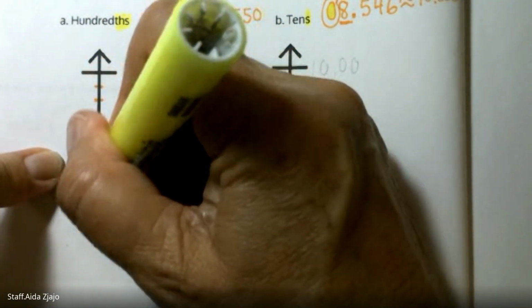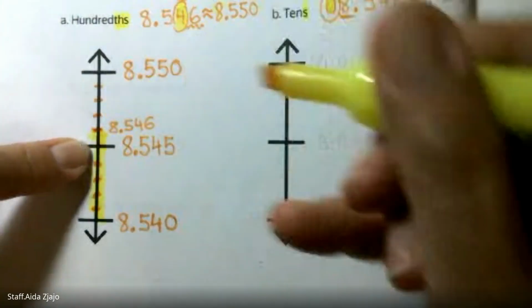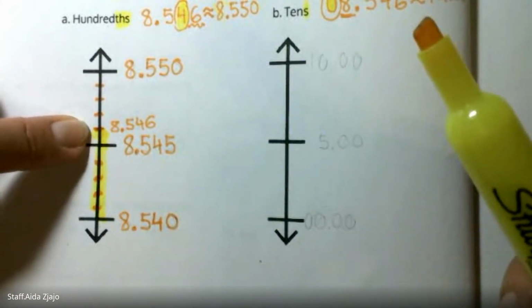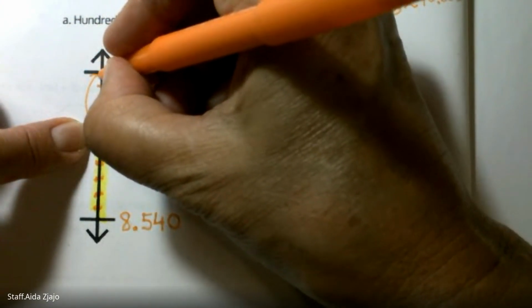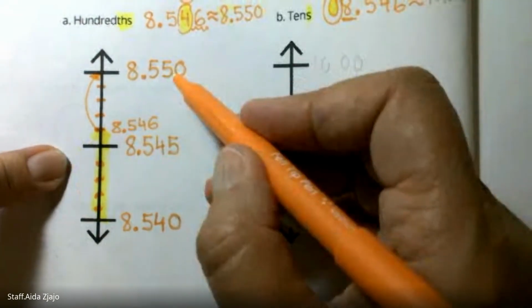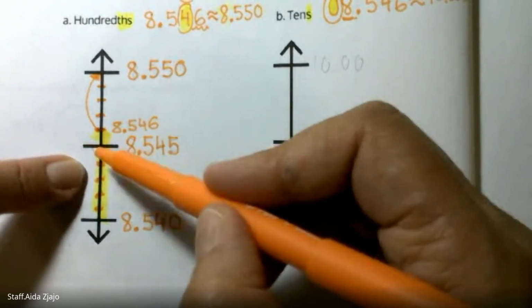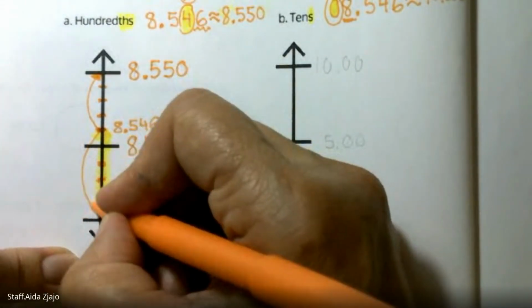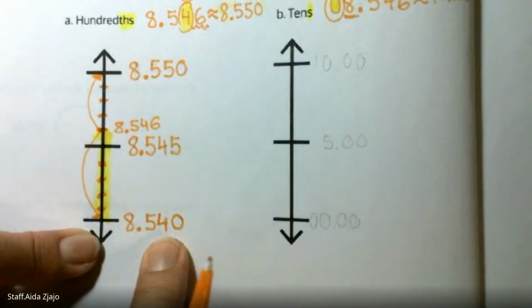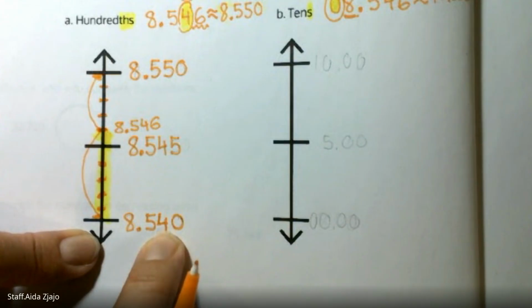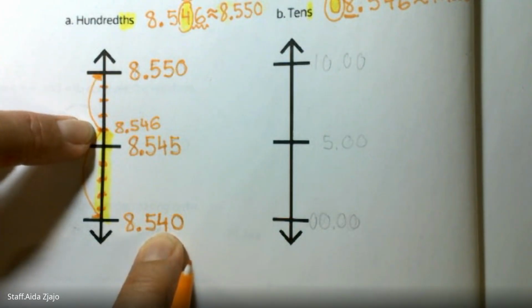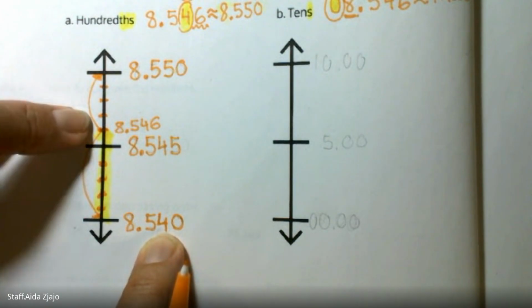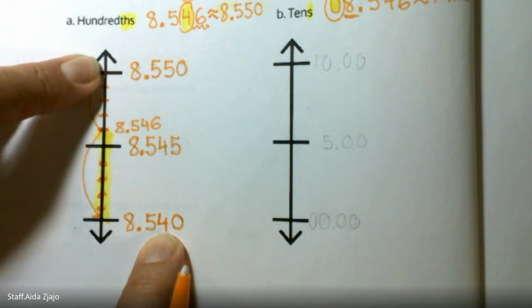Our number goes from here to here. Because it's past half, it's closer to the new hundredth than if you go back to the same 400. So when you find your number and that is above the half, you can round up.